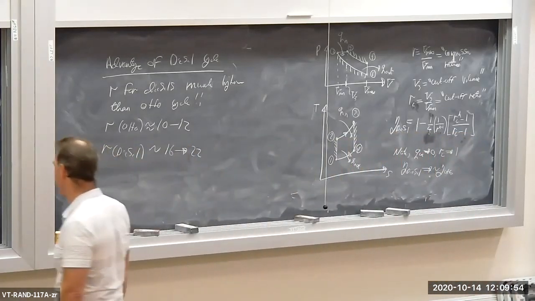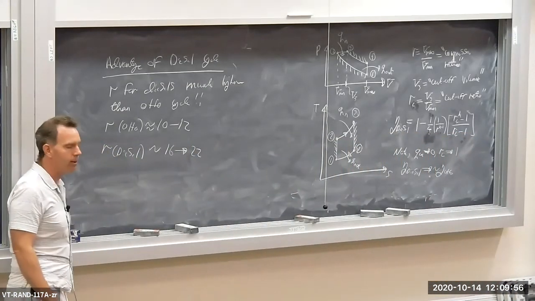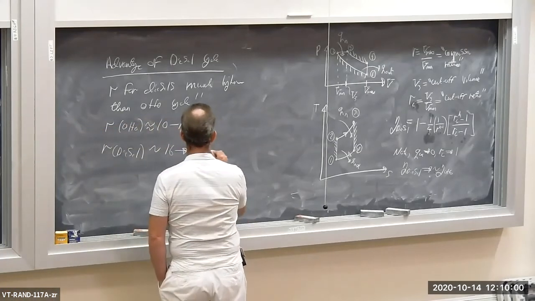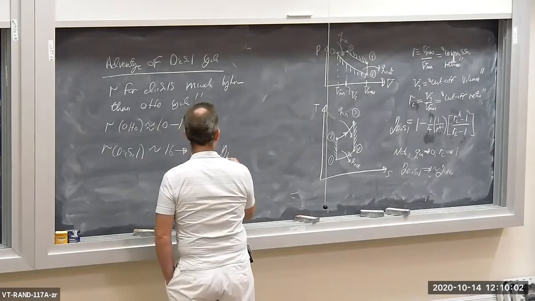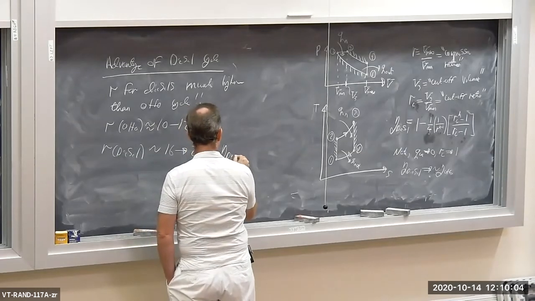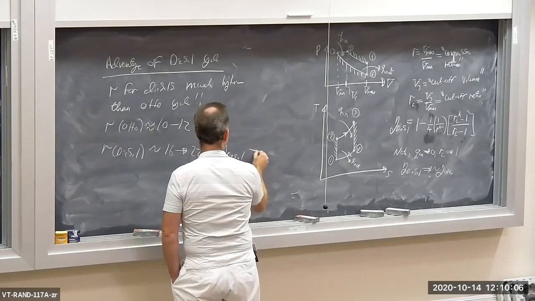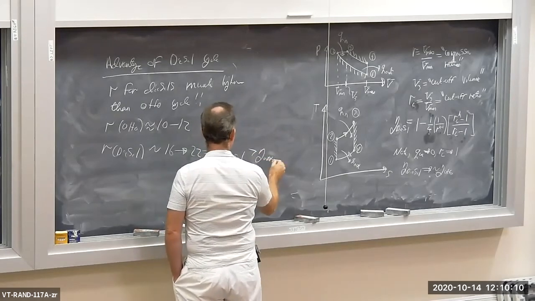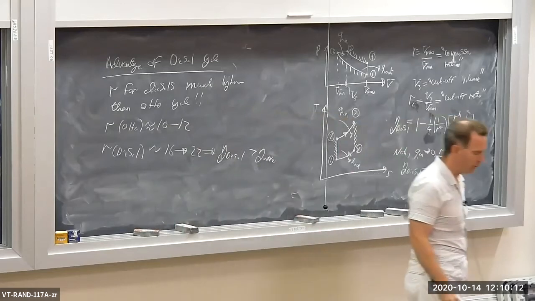Very high compression ratios are possible with diesels. Therefore, the efficiency of the diesel is usually greater than the efficiency of the Otto cycle because you can get such a high compression ratio, okay?